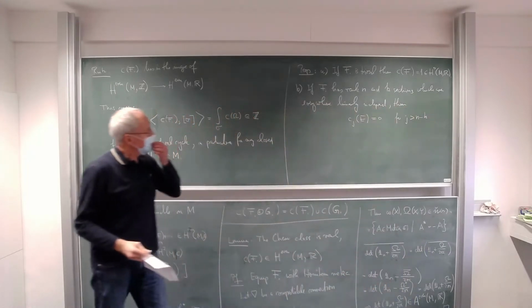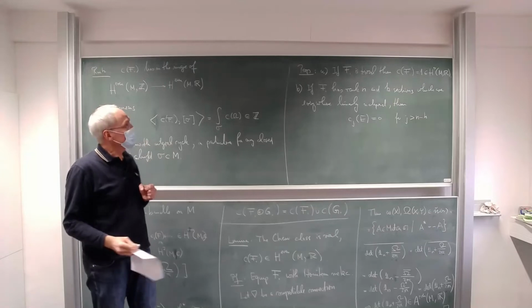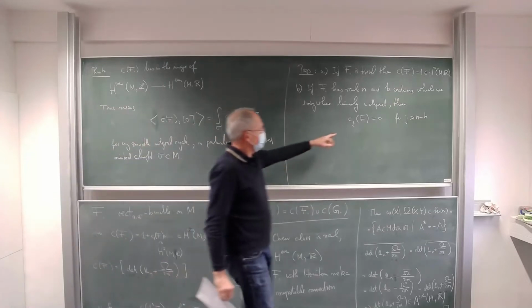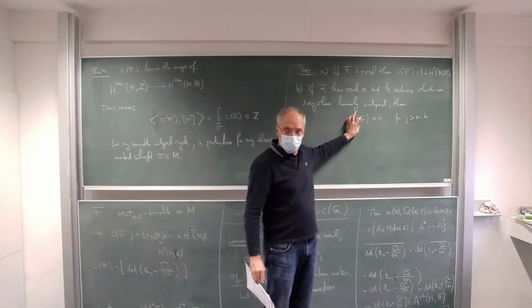So the more everywhere linearly independent sections you have, the more of these Chern classes must vanish.